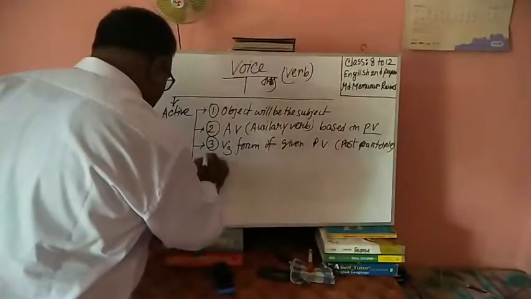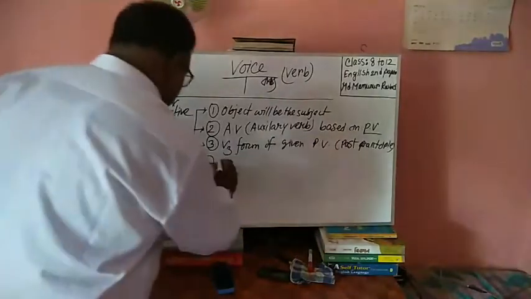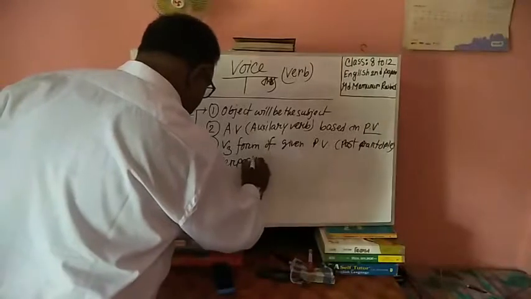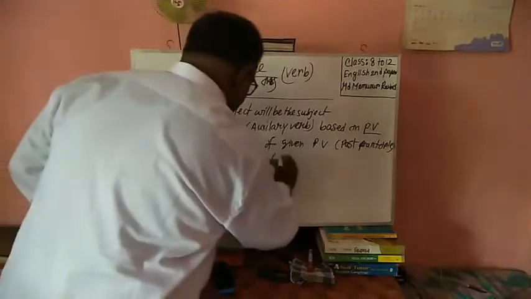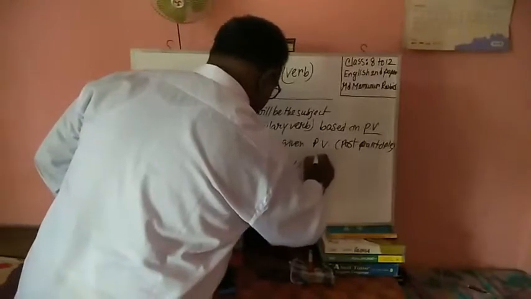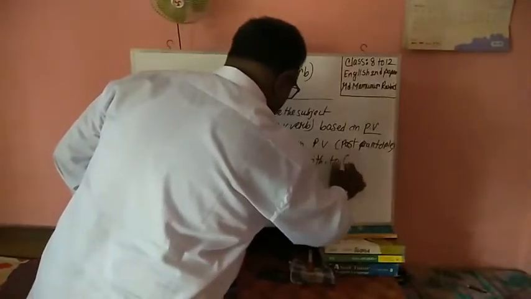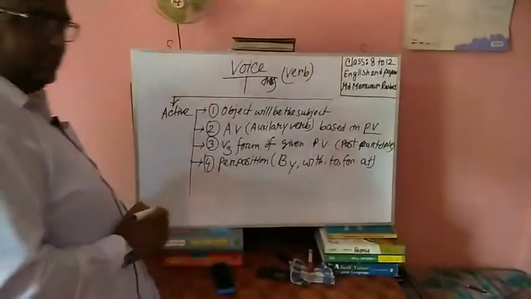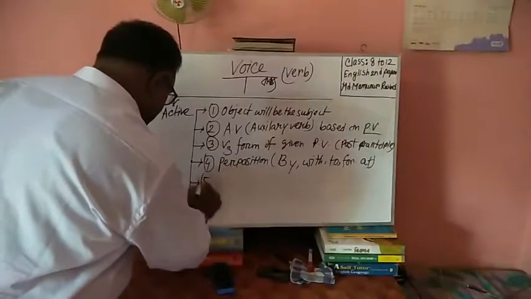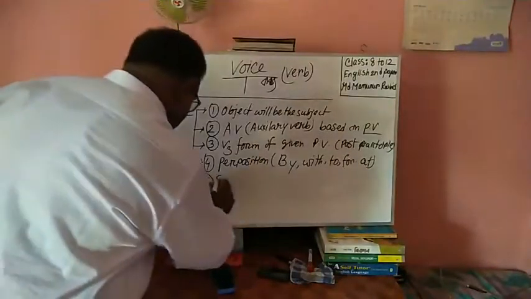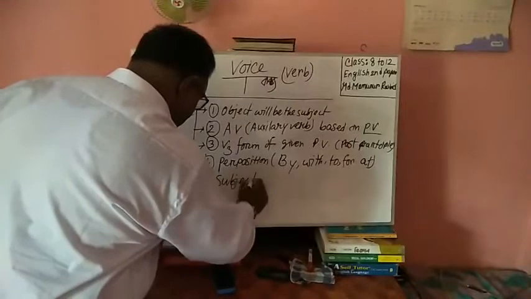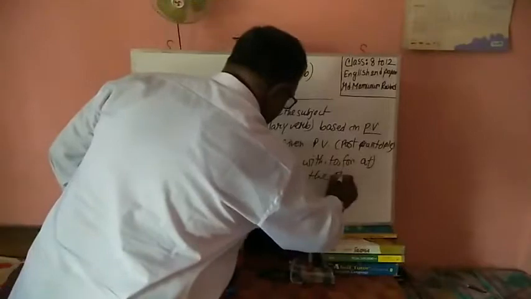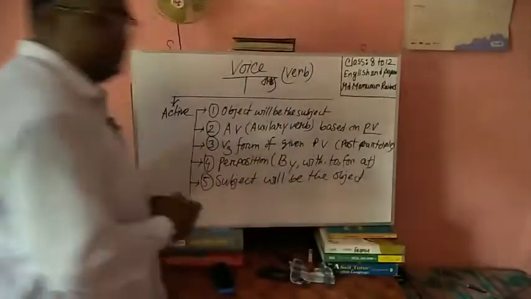And then preposition like by, with, to, for, at, like that. And then at last, subject will be the object.